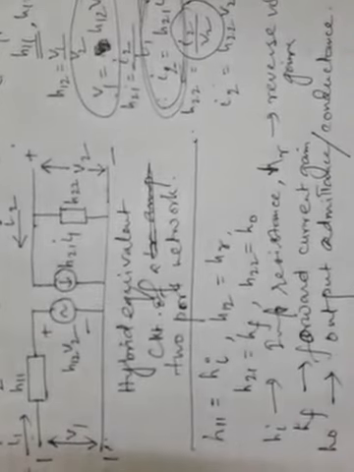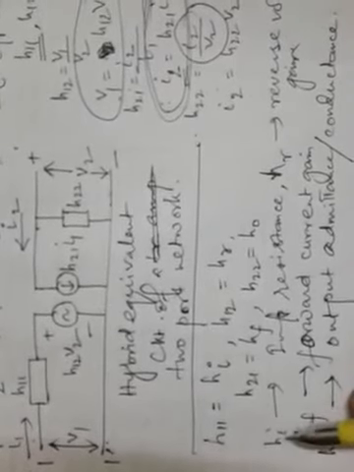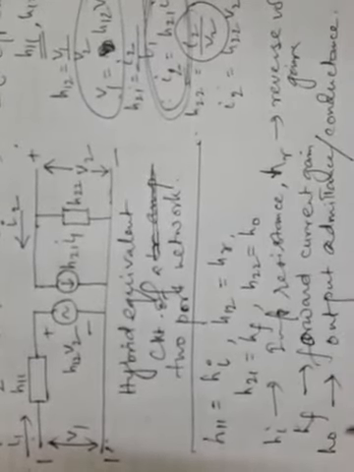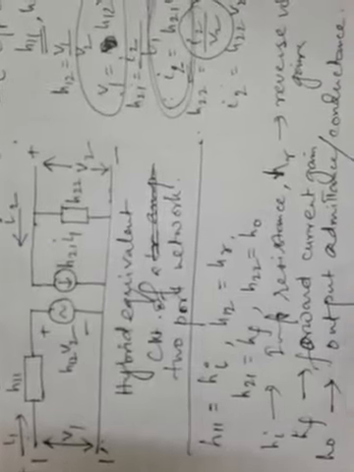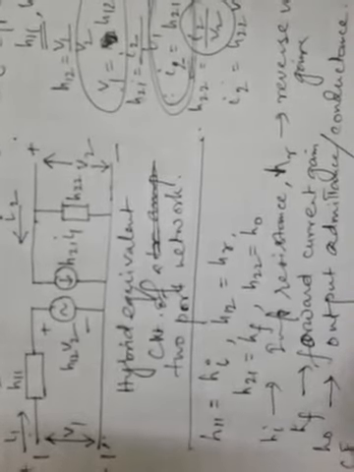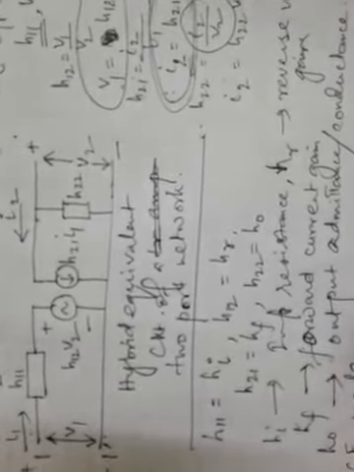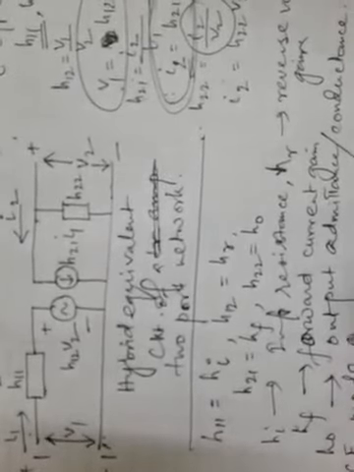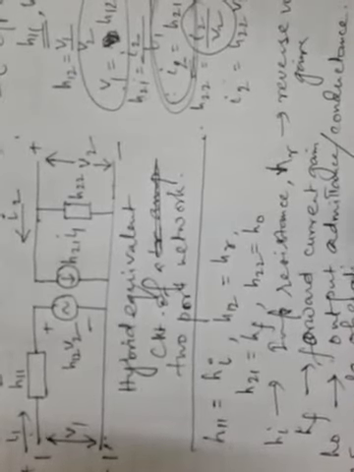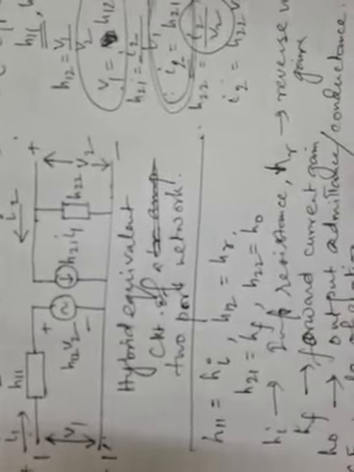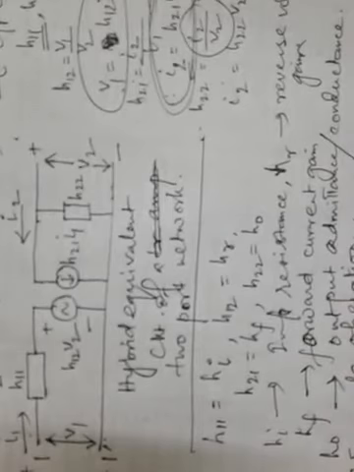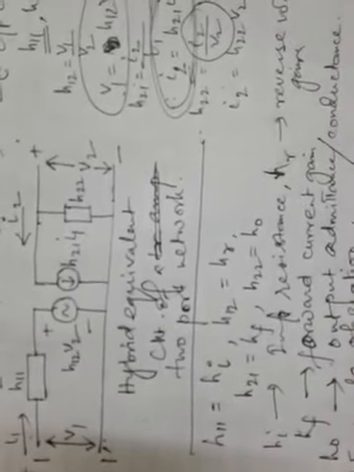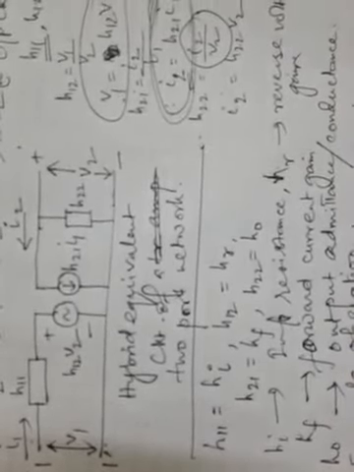Now additionally, another subscript should be used with HI, HR, HF and HO. That subscript is based on the mode of operation of the transistor amplifier. For CE mode operation, another subscript is to be added with these H parameters. For common emitter mode, it is written as HIE, HRE, HFE and HOE.